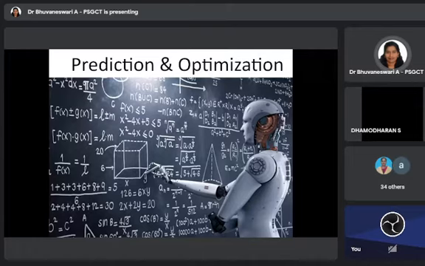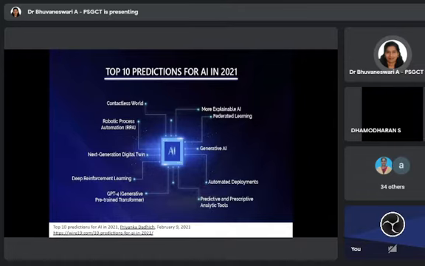So the top 10 predictions for AI, this is one of the examples, for AI in 2021.